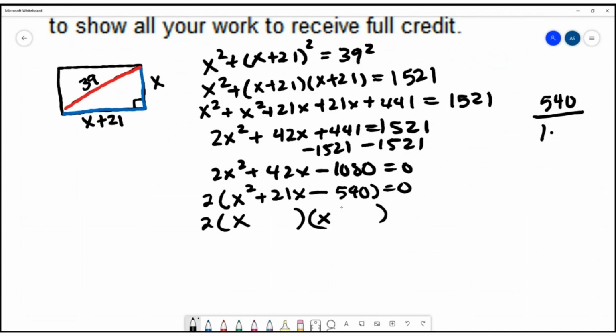Factors of 540: 1 times 540, 2 times 270, 3 divides in there, 180. And remember, I'm looking for a pair that will get me 21. Right now, the numbers are really far apart, so that's not going to give me 21.